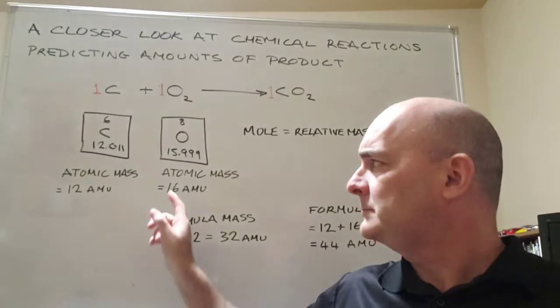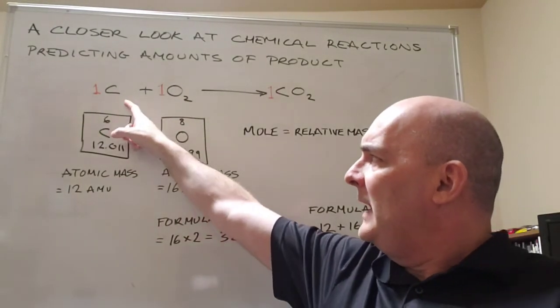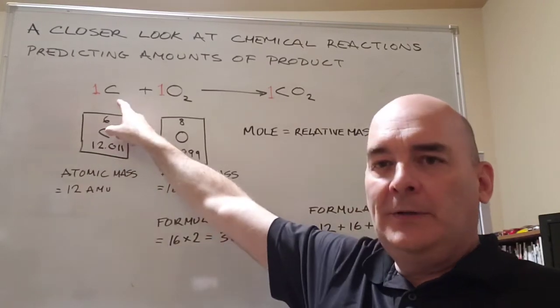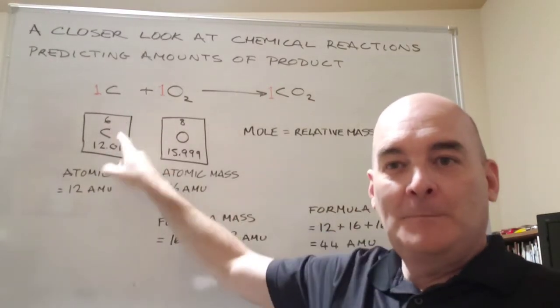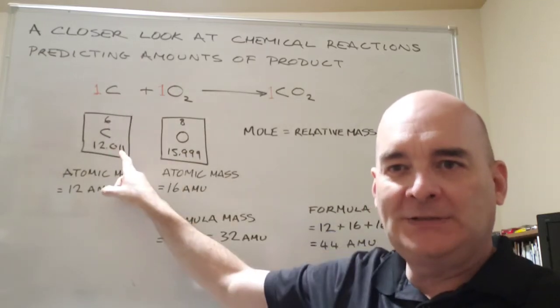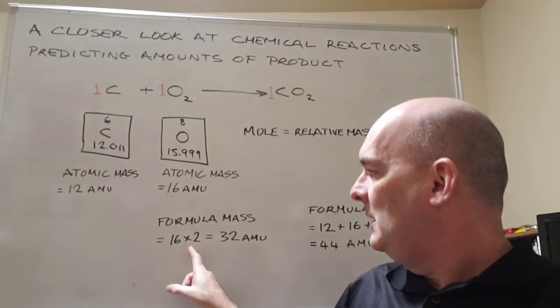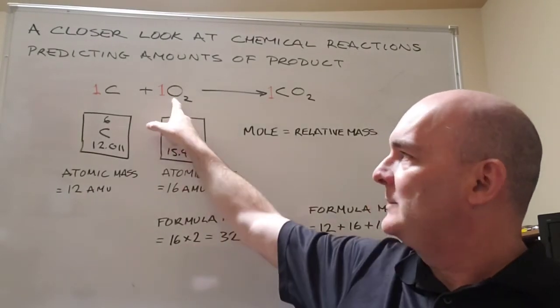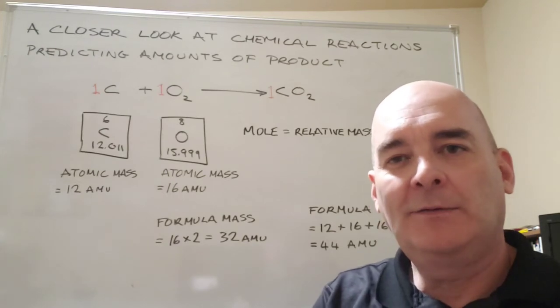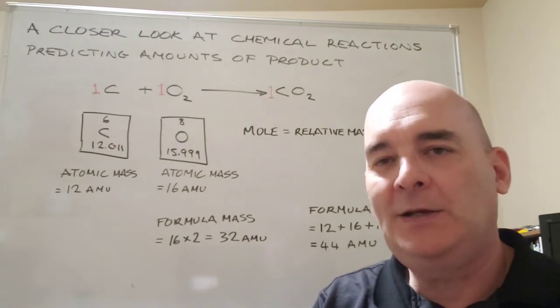That means if I took 12 grams of carbon, it would contain the same number of particles as 32 grams of oxygen. I've just taken the mass and made it relative.